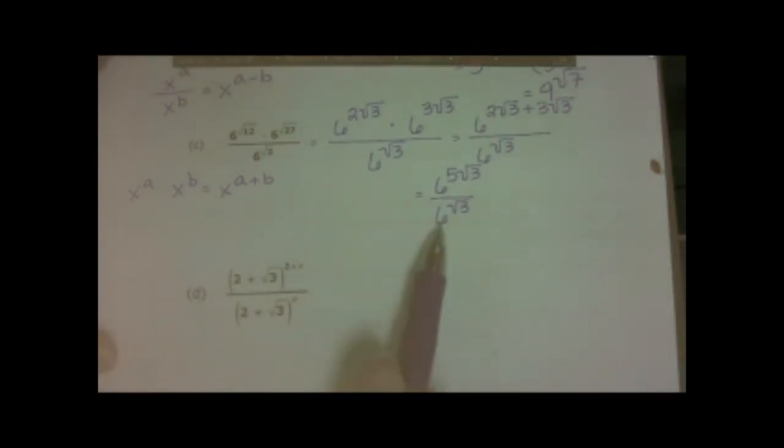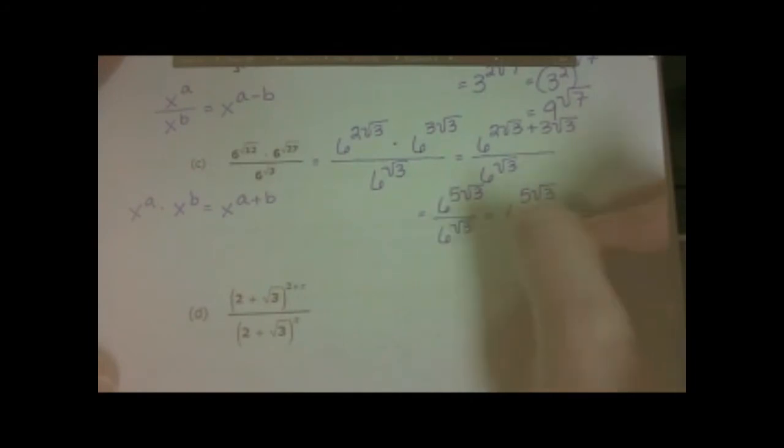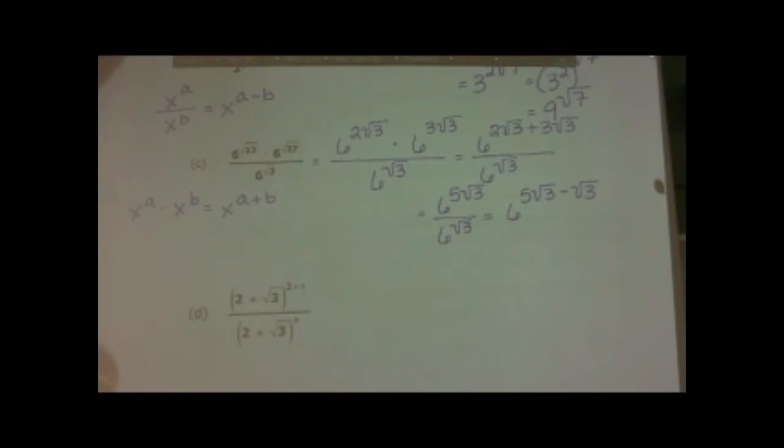Now, the law that applies here is this law. So I know I'm going to subtract my exponents. So this is 6 to the 5 square roots of 3 power minus the square root of 3 power. 5 square roots of 3 minus the square root of 3 gives me 6 to the 4 square roots of 3 power.